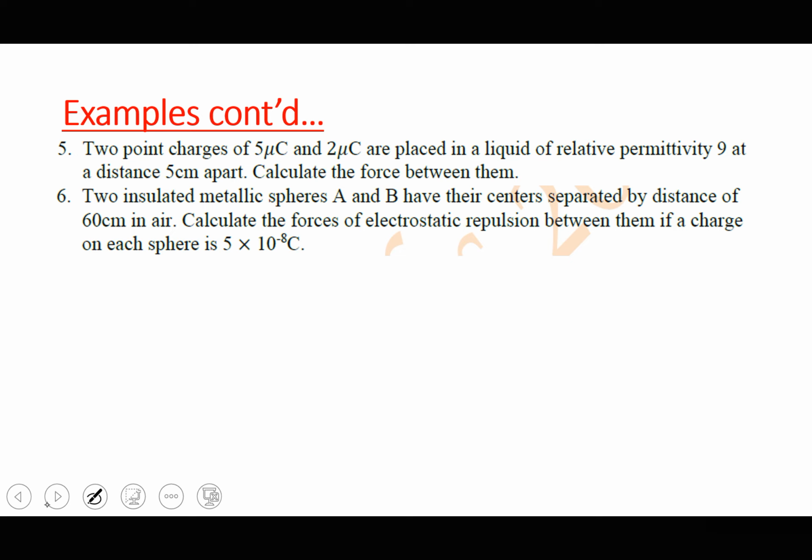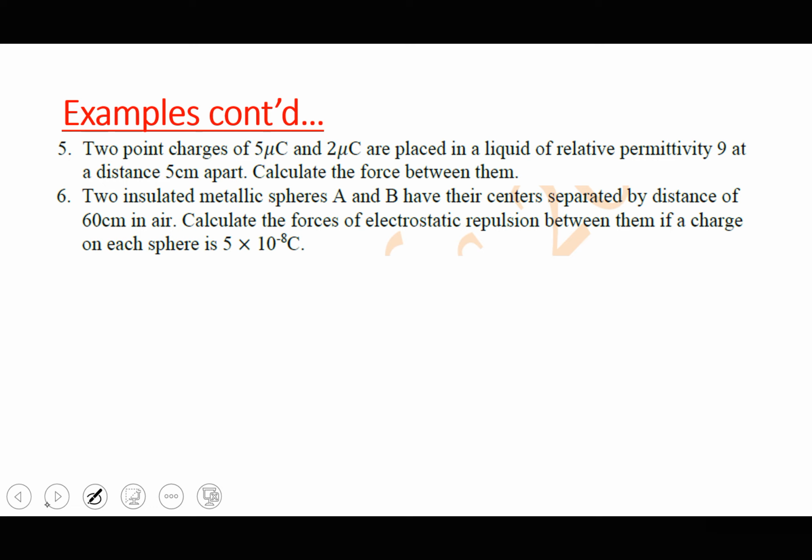Further examples, number 5. 2 point charges. I deliberately skipped question 4 because it was almost the same.